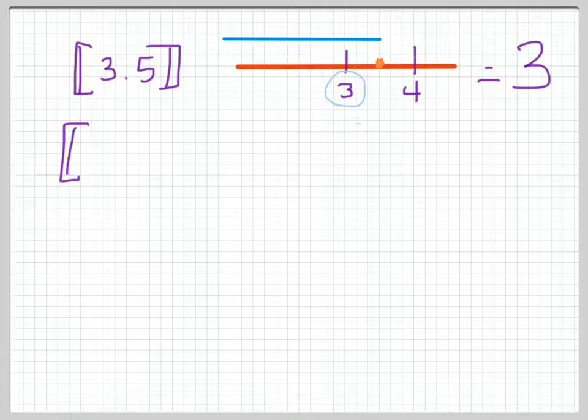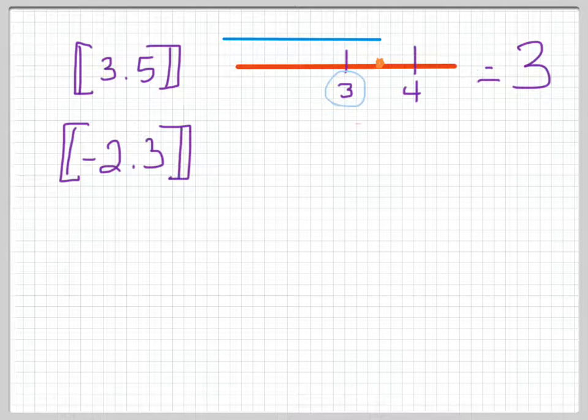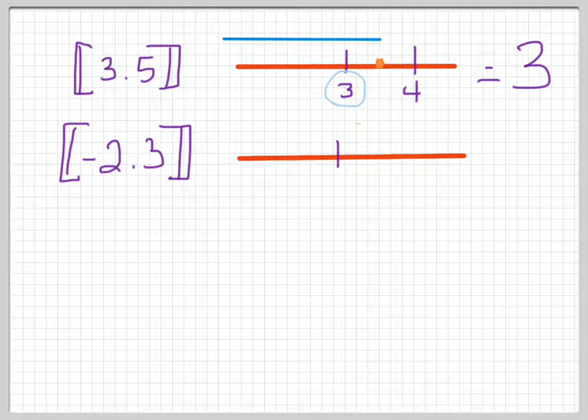Let's look at another example. The greatest integer of negative 2.3. Now here, the values that it's between are negative 2 and, nope, not 0, because that's what people think, because they think that 2.3 is higher, but it's not.